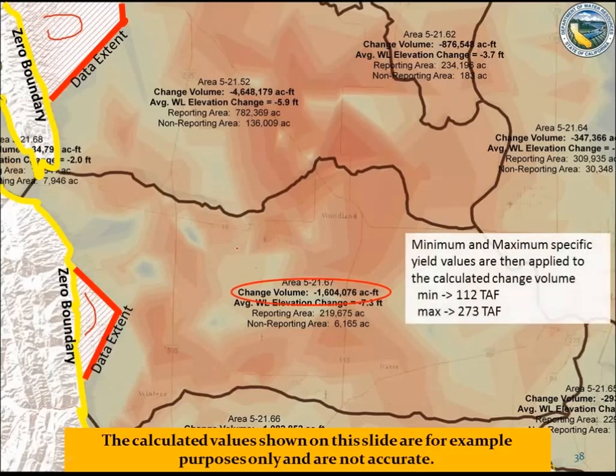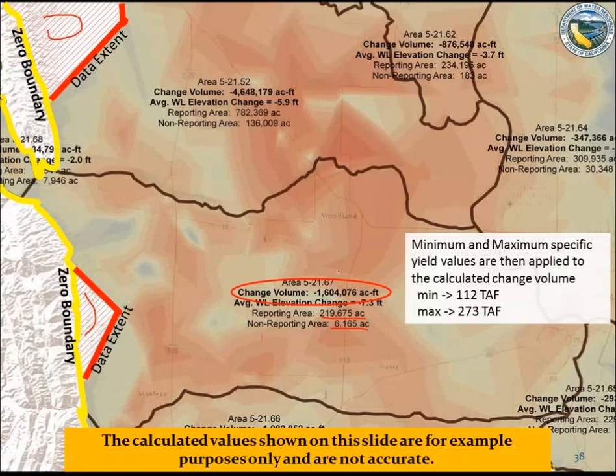Here, for example, with this subbasin, in this region here, we have a total change volume shown here. This is the way the labels come up in the GIS platform, so it's kind of easy to do a quick check. You can see the acreage of your non-reporting area and your reporting area.